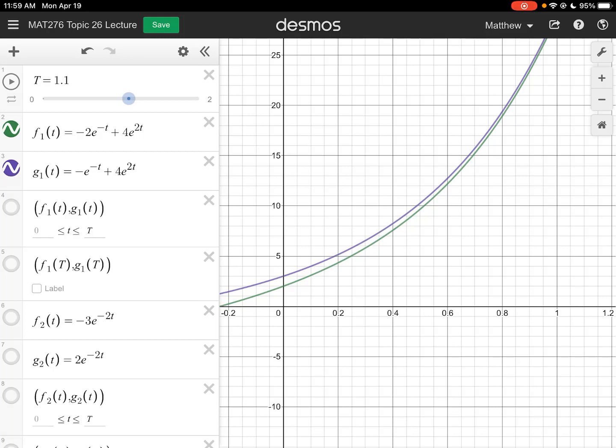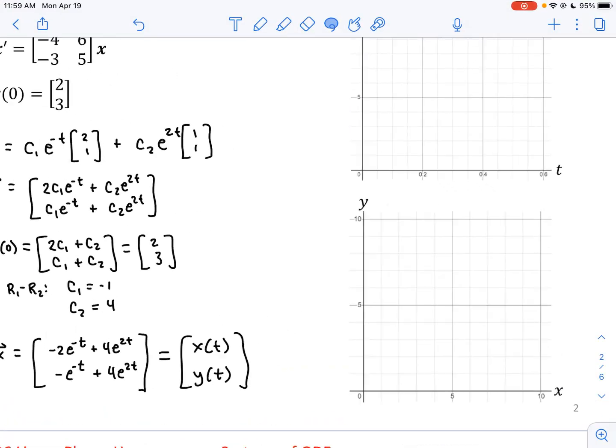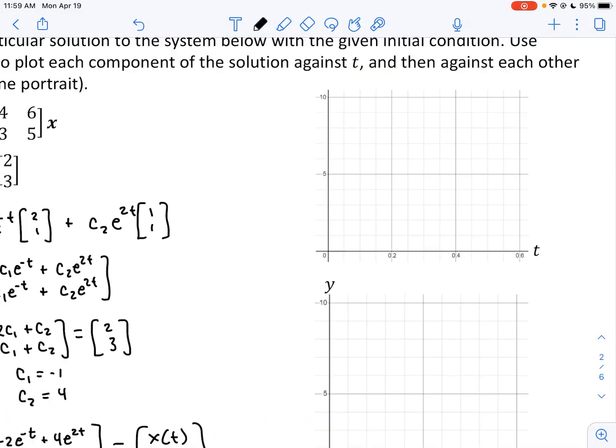Now to plot this as a phase plane portrait, we do this fourth line down where I have f1 of t comma g1 of t written as a point, and I'm going to plot it from 0 to capital T, and just directly below that I have f1 of capital T and g1 of capital T. And in our notes, you should take a moment and plot these two curves here.